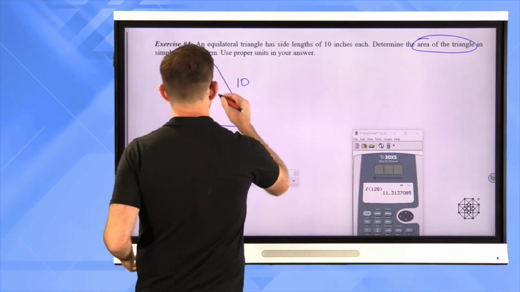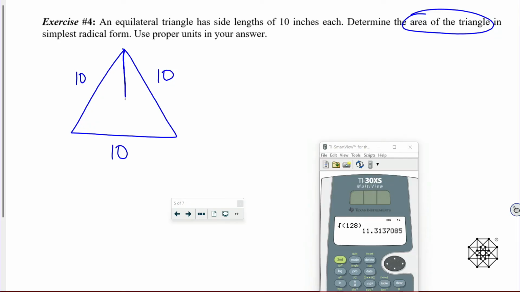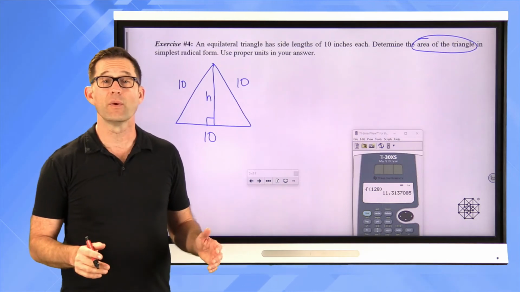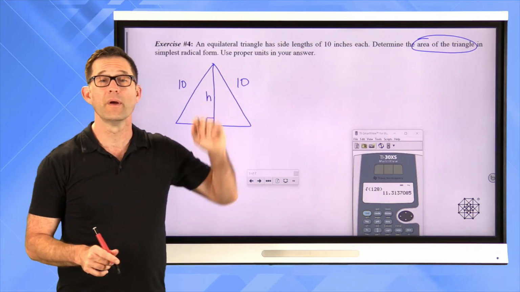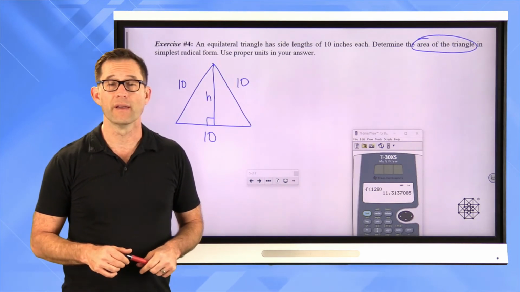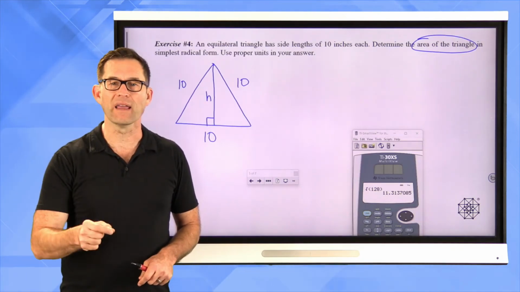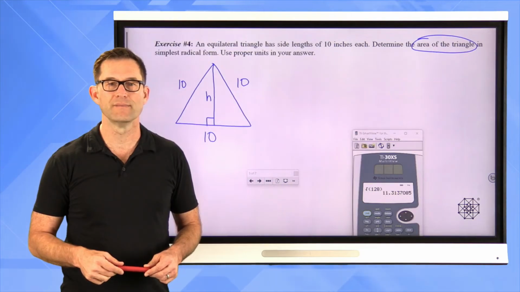What we need to know in order to figure out the area of this triangle is we've got to know what its height is. Okay, we've got to be able to figure that out. And unfortunately, we got to have it in the simplest radical form because that's what we're looking for the area in. Pause the video now and see if you can figure out what the height of this equilateral triangle is.